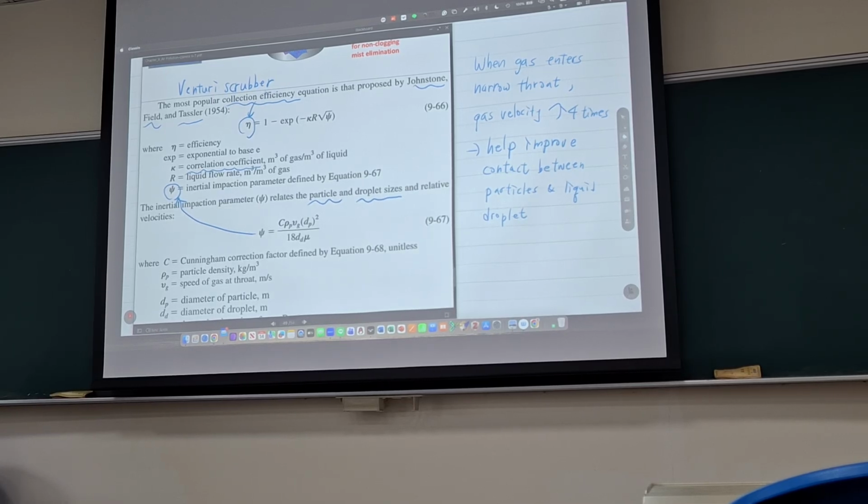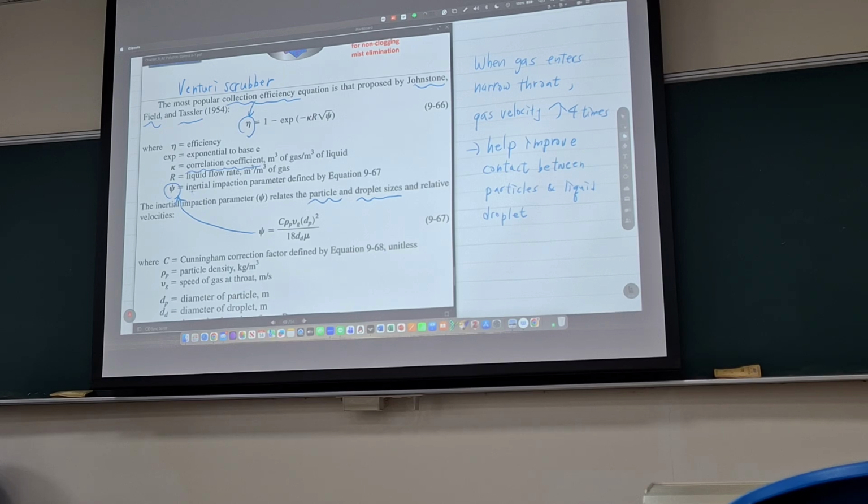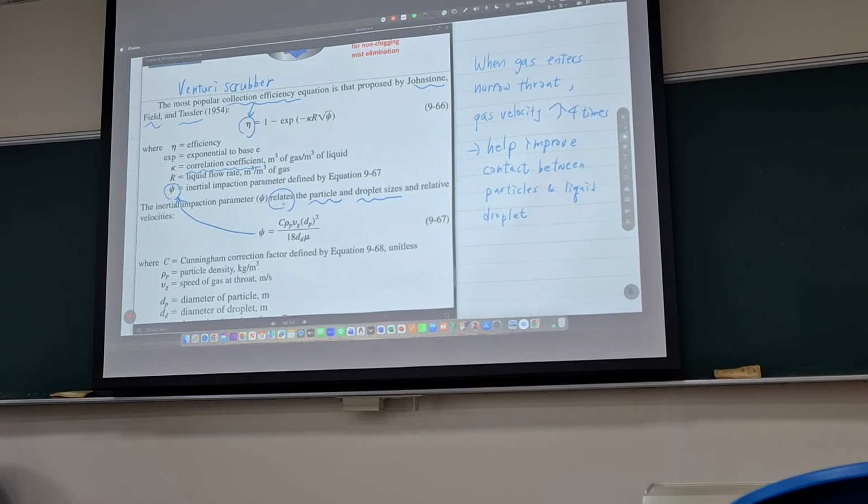The reason this equation is good for Venturi is because we have this inertial impaction parameter, which relates to the particle and droplet sizes, right? So of course this is good for a Venturi scrubber.